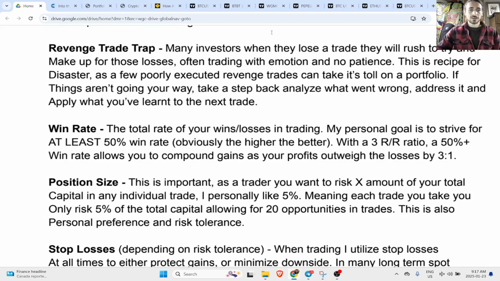So really, it's learning from our mistakes when they do come, and removing that emotion, that want to just make your money back right away. This is a long-term game, so we don't want to be making emotional, risky trades that have no technical setup.